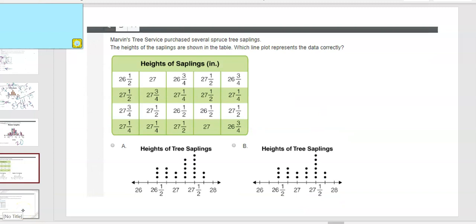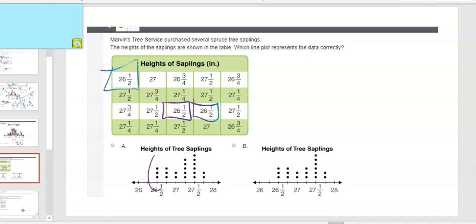Marvin's Tree Service purchased several spruce saplings. Heights are shown here. Which line plot represents it correctly? So you're going to find it. You look at 26 1/2. There's one of them, 2 of them, 3 of them. So that one has 3.